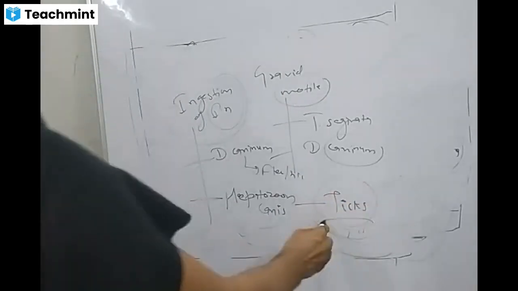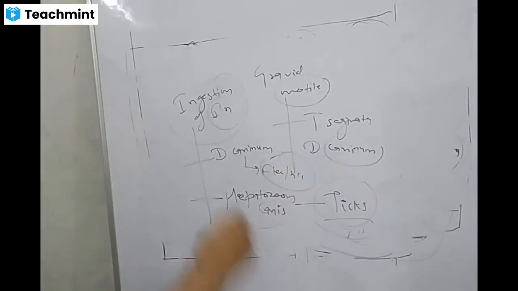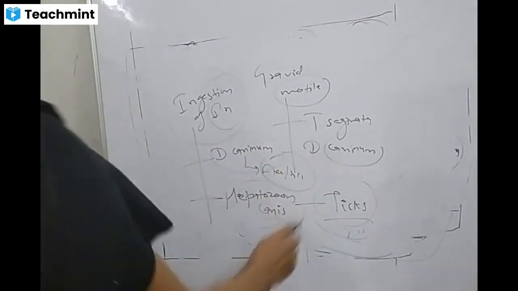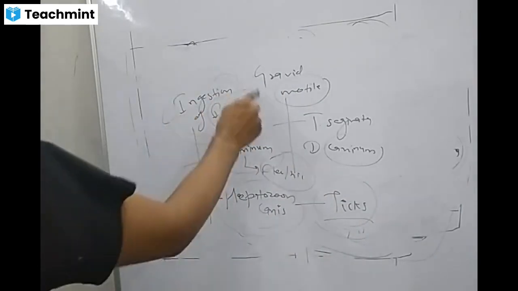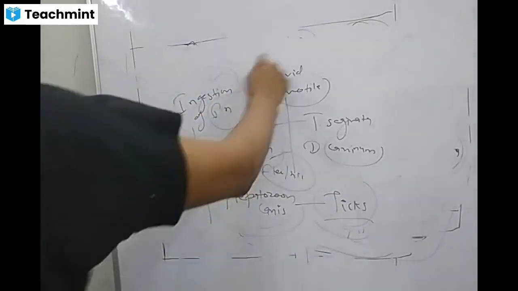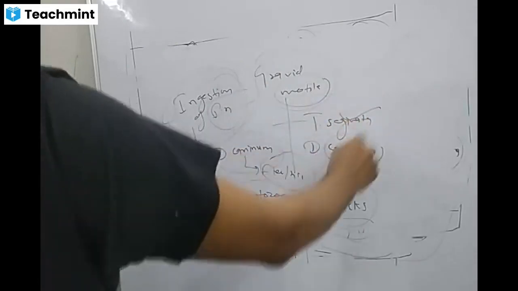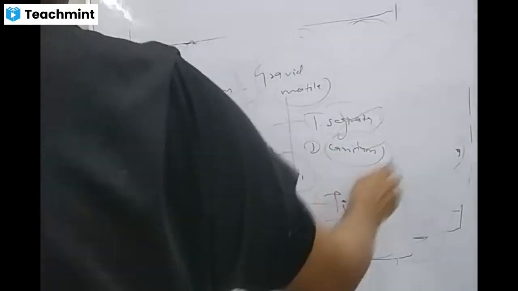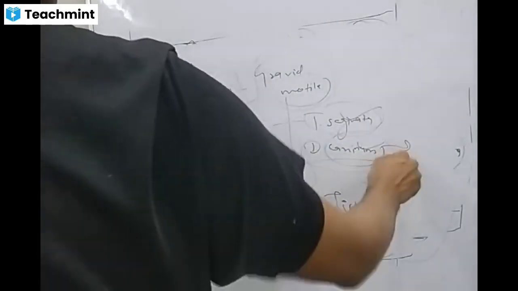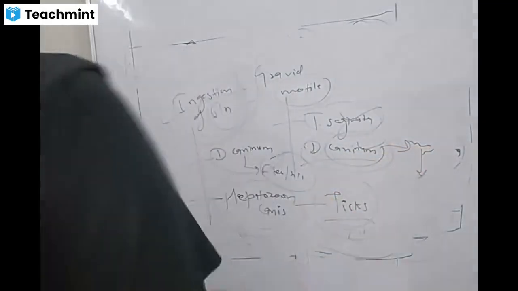So there are ticks, and these are fleas and lice. These are caninum and this is Hepatozoon canis. Both cases are ingestion of intermediate host. And gravid segments which are motile: saginata and caninum. Why? If this is motile in caninum, that may lead to anal irritation, dragging of the anus.